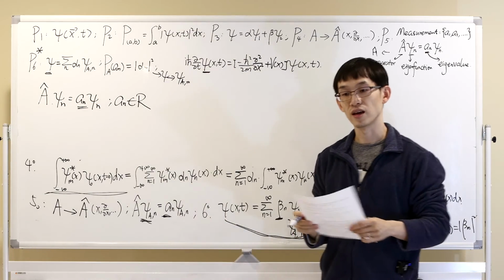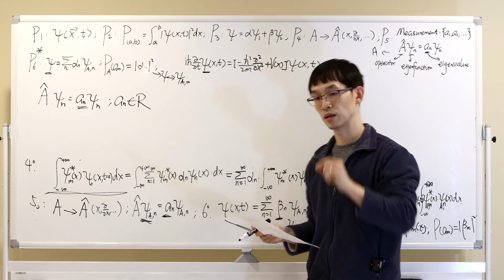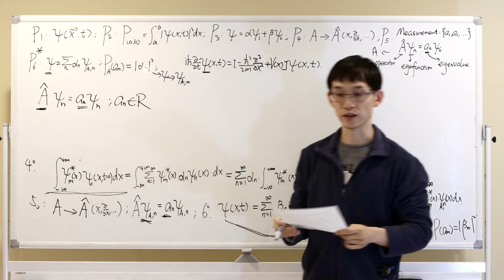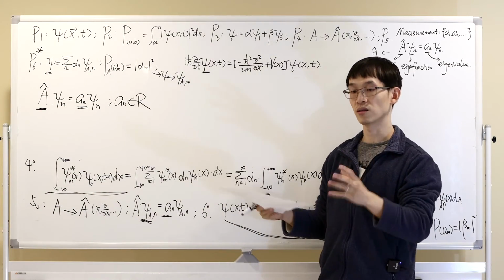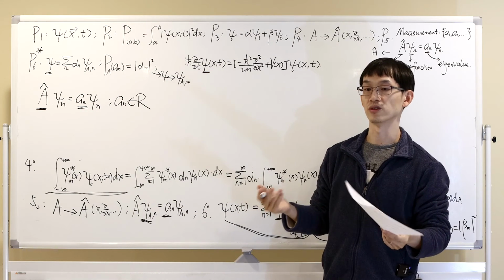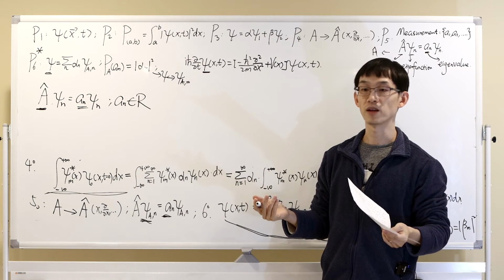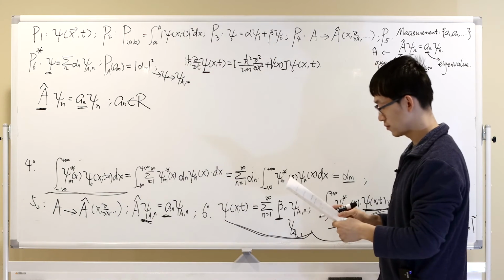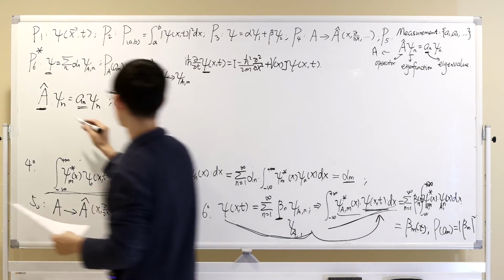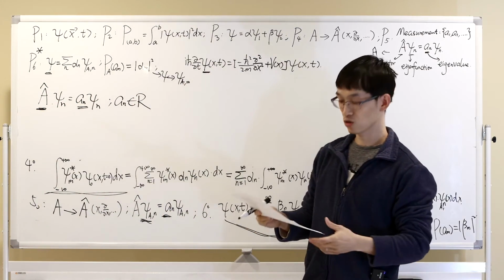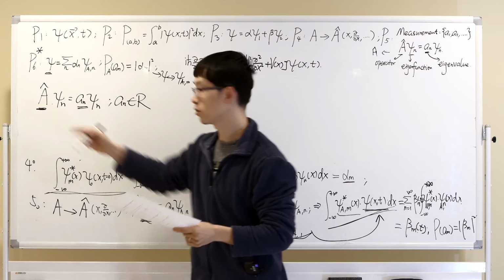This should give us some limitation or restriction on operator A, right? Because not all operators give you a real eigenvalue. Some operators will give you complex eigenvalues. So now let's see, if the eigenvalue has to be real, then what is the constraint for the operator?